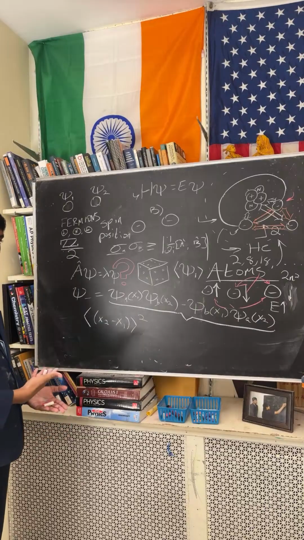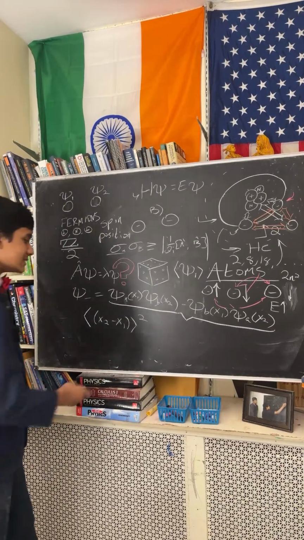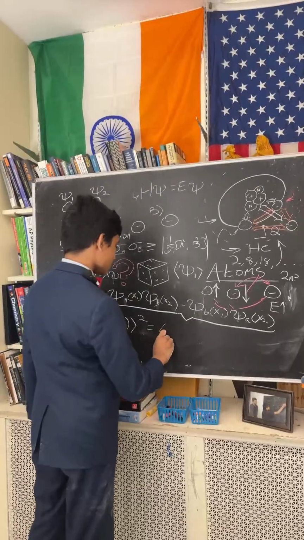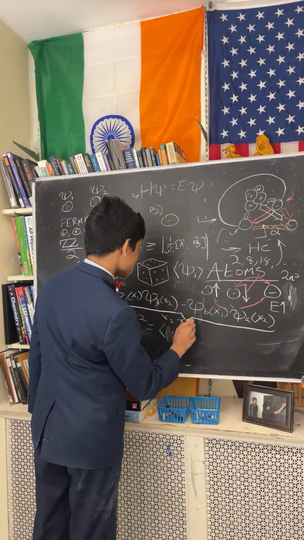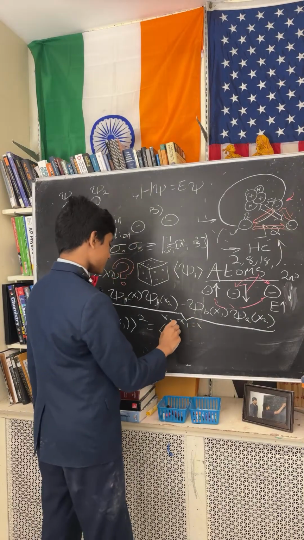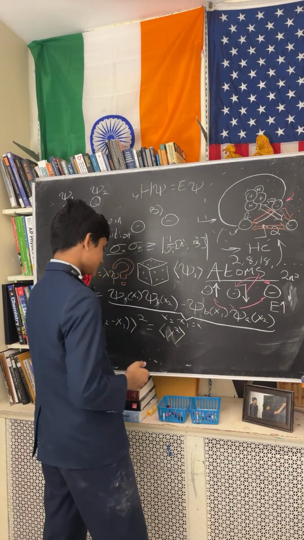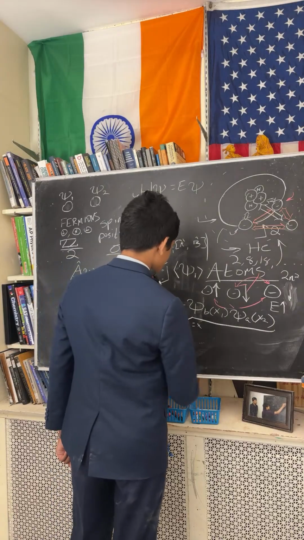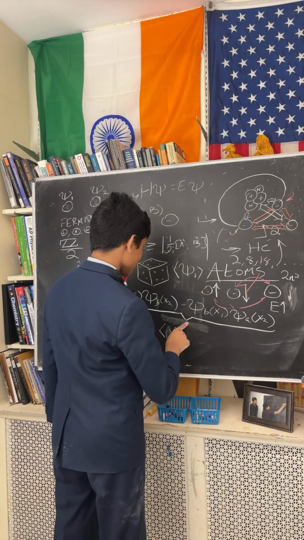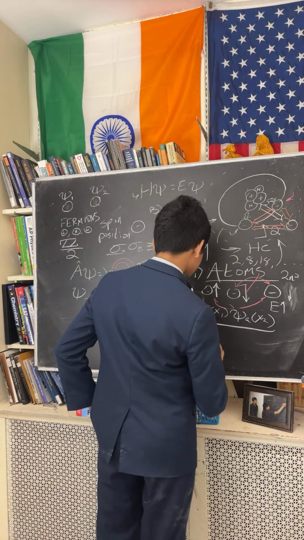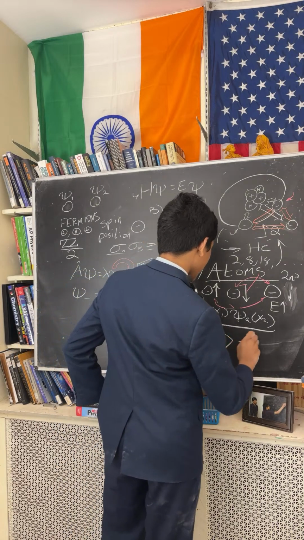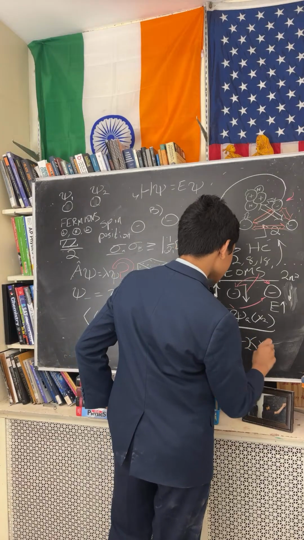Well, if the particles are distinguishable, then that's easy. I'm going to abbreviate x2 minus x1 as x. This is just x1 squared plus x2 squared minus 2 x1 x2.